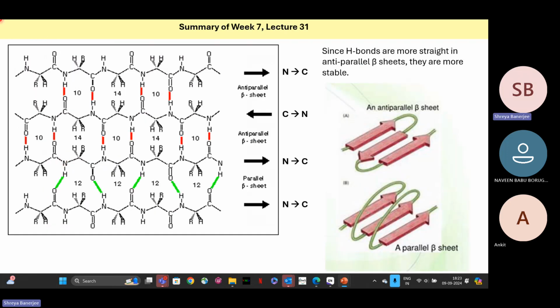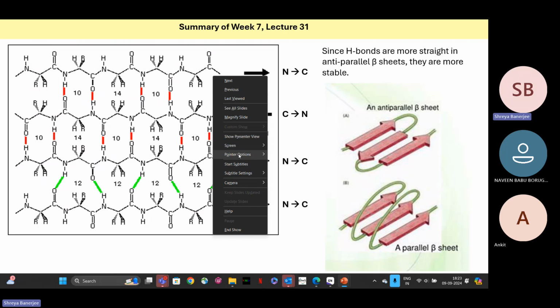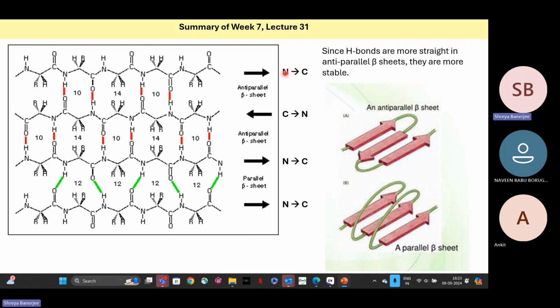Now we will look a little bit into more detail of the beta sheet. We have already seen the anti-parallel beta sheet. We are just showing that again here. The top strand starts from N and goes to C, so this is an N to C strand. The second strand starts from CO and goes to N, so it is a C to N strand.